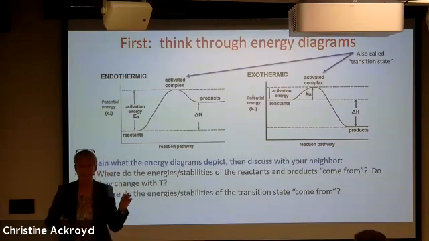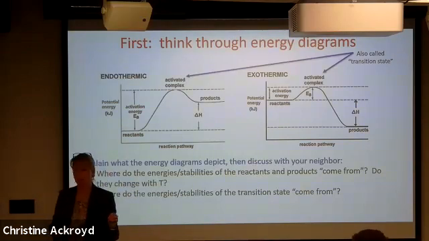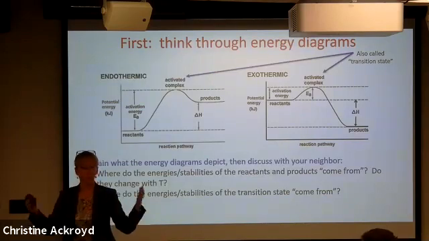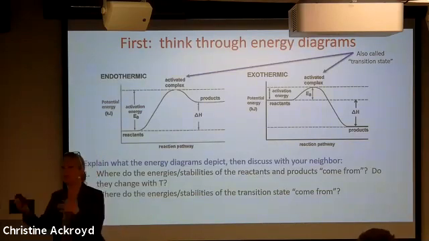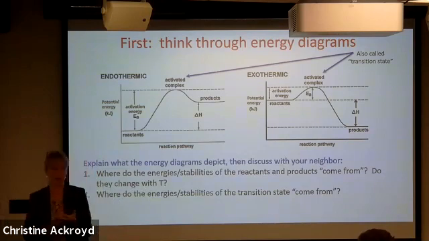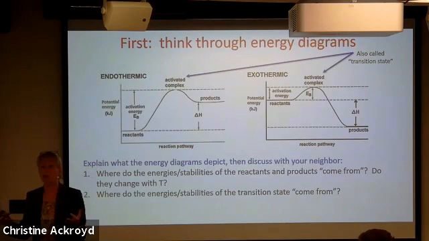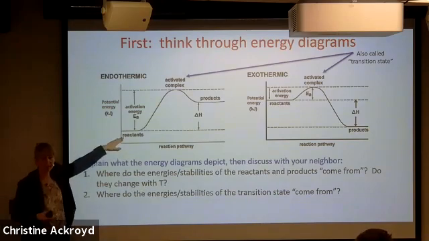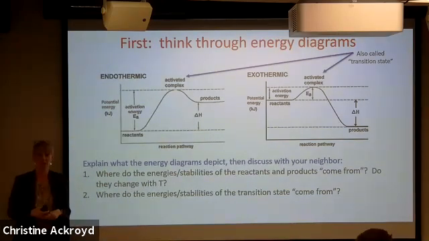So what we can say is the stability is affected by what the structure is, right? What does the Lewis diagram look like? What is the actual molecular structure? Are they double bonds? Are they single bonds? How is the molecule put together? That is what dictates where on the y-axis your starting materials and products are, right?